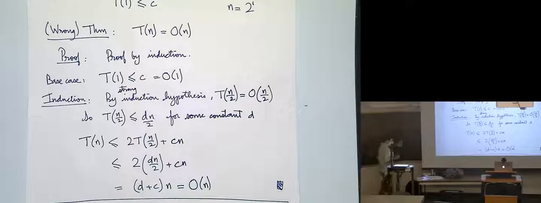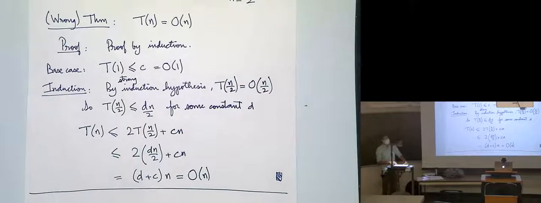What does T of n equals O of n mean? If you get to what it really means, you'll see the error. What does T of n equals O of n mean, formally? You can have an additional constant term, but does someone know what is a formal statement of T of n is equal to O of n?